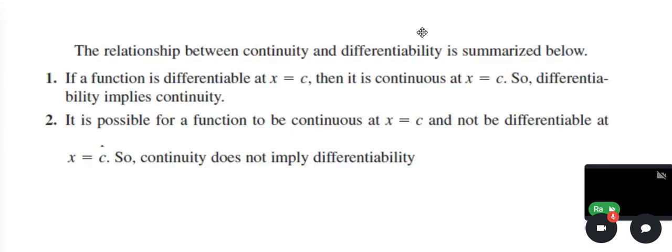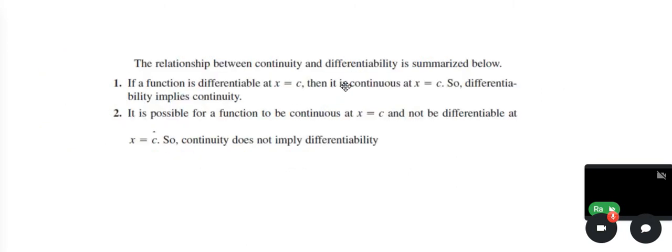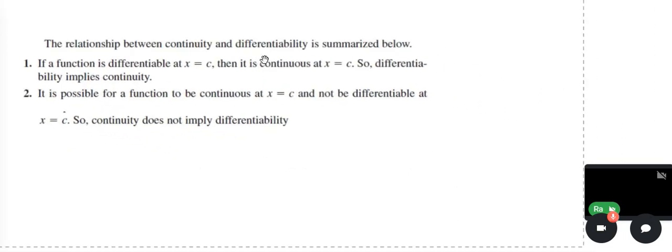The relationship between continuity and differentiability is summarized below. If a function is differentiable at x equal to c, then it's continuous at x equal to c. We know this, so differentiability implies continuity. It's possible for a function to be continuous at x equal to c and not be differentiable at x equal to c, so continuity does not imply differentiability.